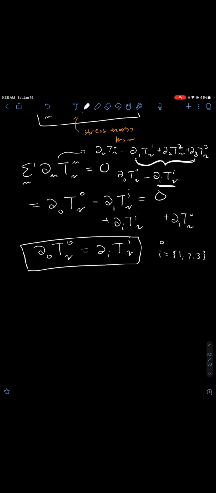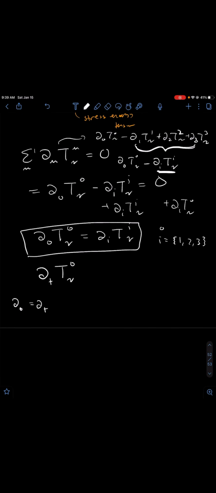It just says that the derivative of the stress energy tensor, the zeroth component, or really the time derivative, since partial naught is just partial t, right? So the time derivative of the naught component of the stress energy tensor is just going to be equal to the spatial derivative.